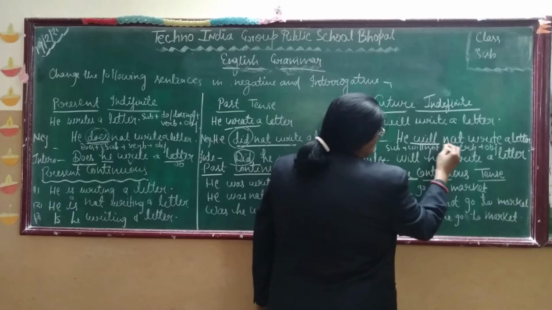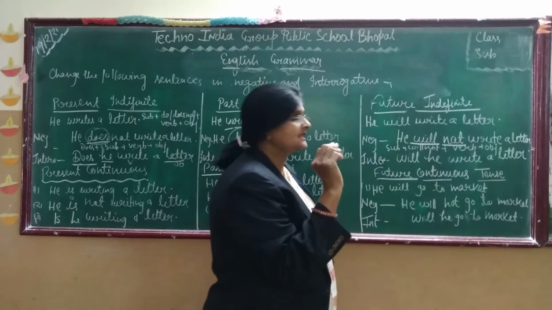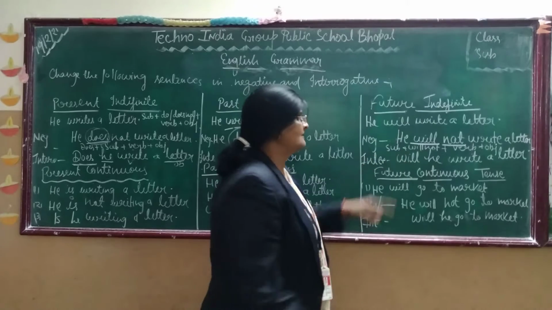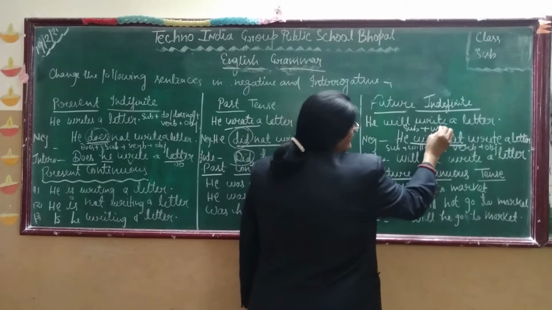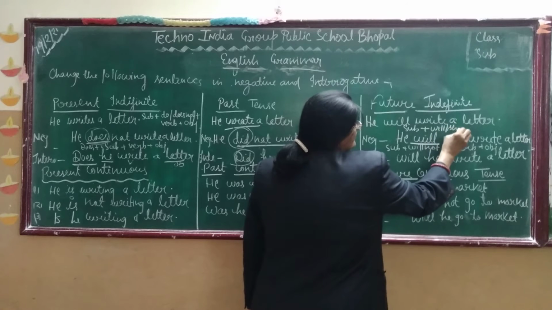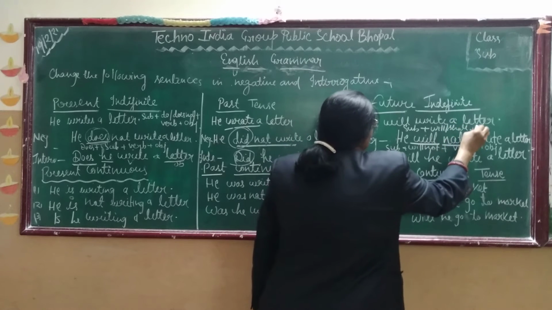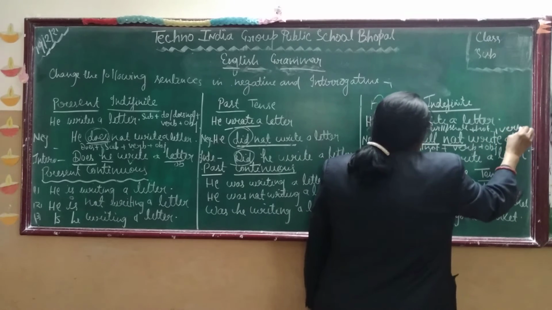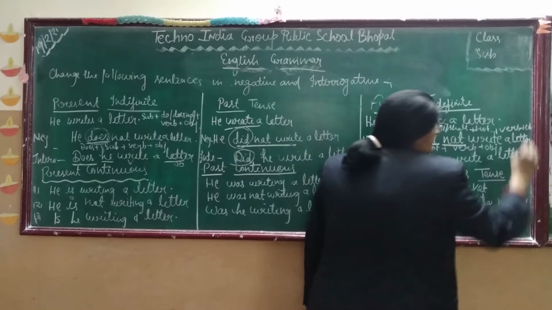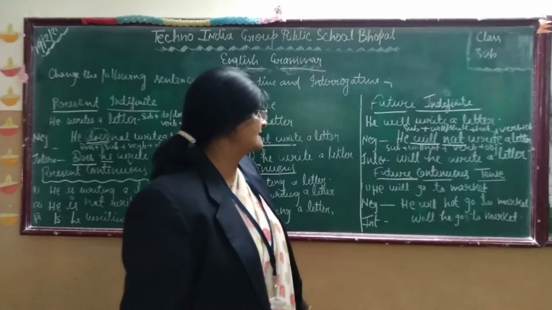After this helping verb, we use the not. Clear? So first is subject. Then will not, shall not. Then plus verb and then object. This is a structure of negative sentence.